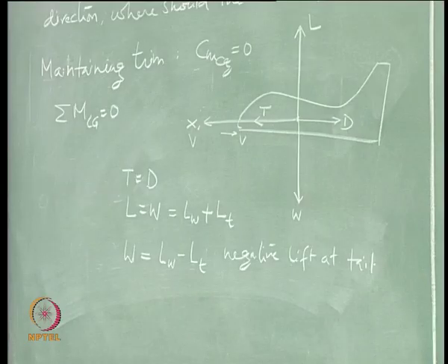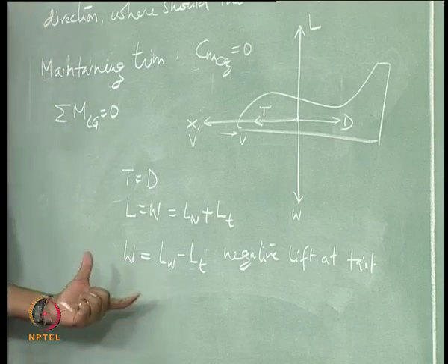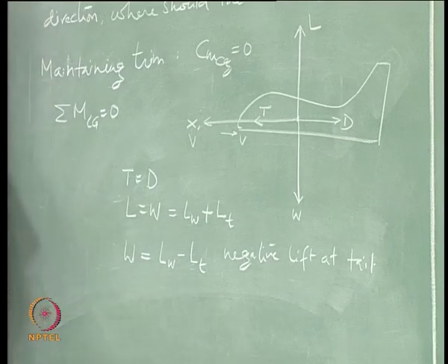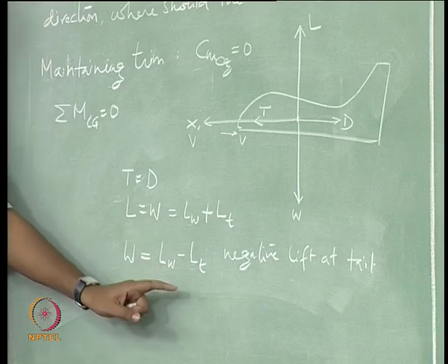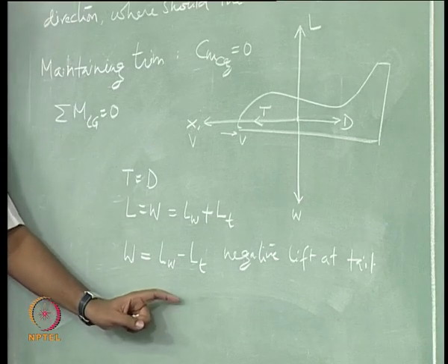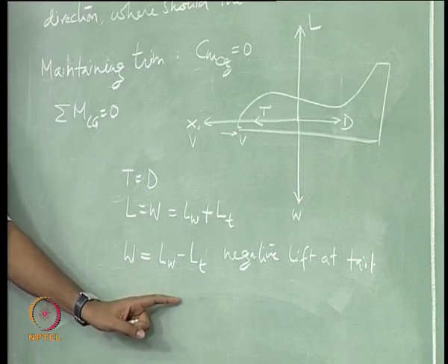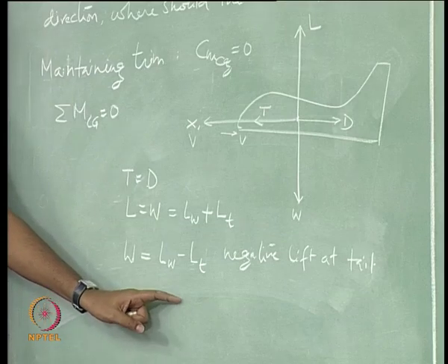Let us say we can somehow manage to satisfy this. Okay, we have enough lift produced from the wing which can take care of this small negative lift produced by the tail, right. And how do you produce negative lift by the tail? This is going to depend on the camber, right.